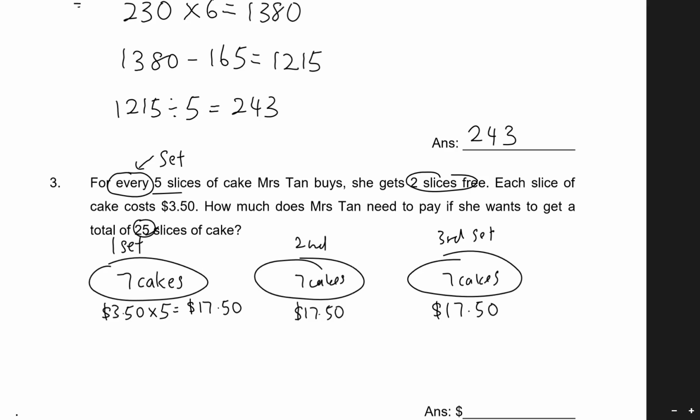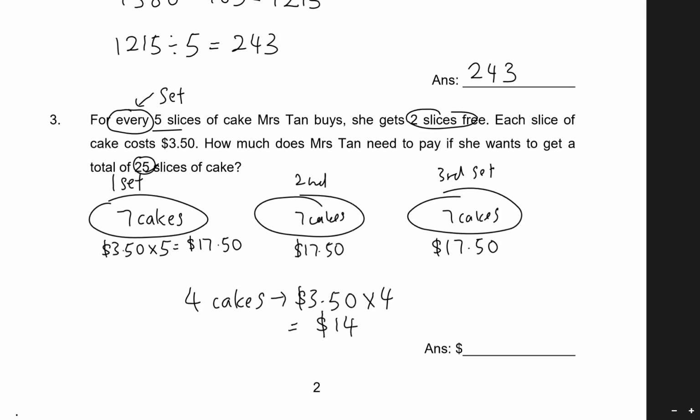How many cakes left? You have 4 cakes more to buy, right? And this 4 cakes more to buy, any free? Nothing free, because you buy 5, then got free 2. So 4 slices, we're going to find how much is this 4 slices. It's going to add up to $14. Okay. Now, you have bought 3 sets plus 4 cakes. Let's find out 3 sets. How much is it?